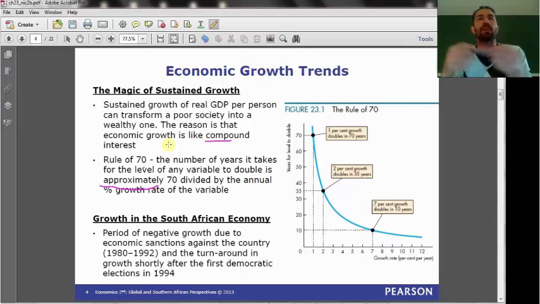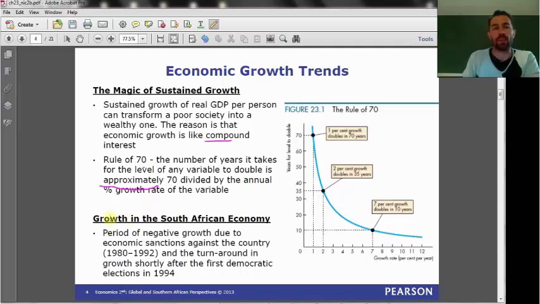If GDP growth is 7% per year, then our GDP value will double in 10 years. If our GDP growth rate was 3.5%, our GDP would double in 20 years. So it's just a rule of thumb, and it's a very useful one for looking at data over long periods of time to give you an estimate of what sort of growth rate we've seen.